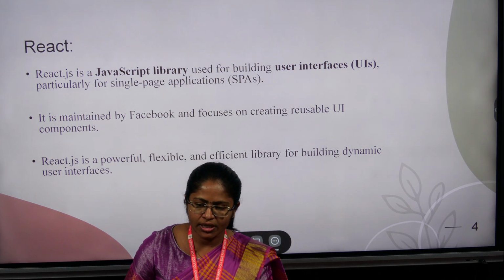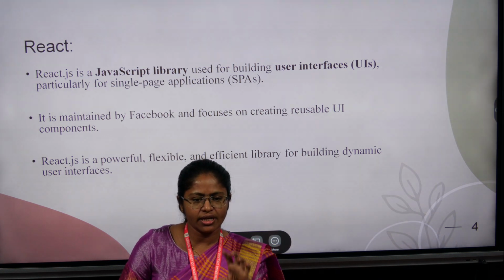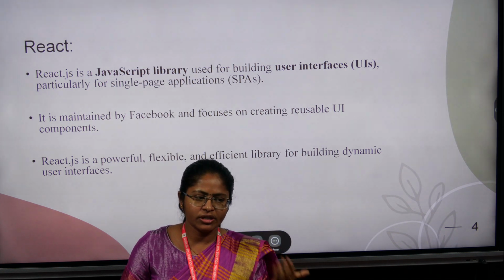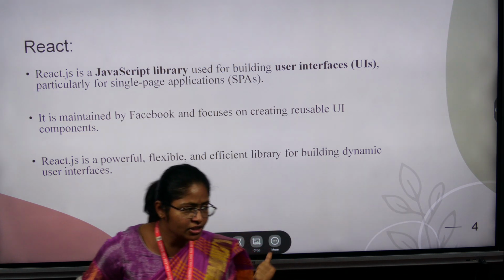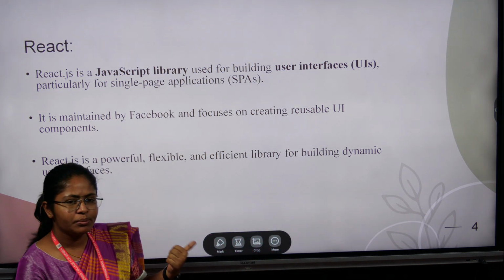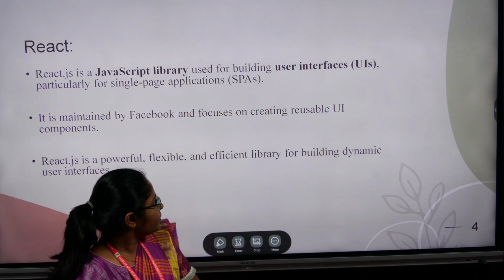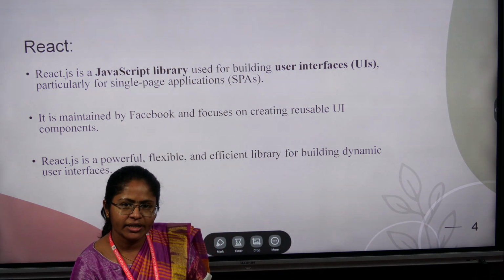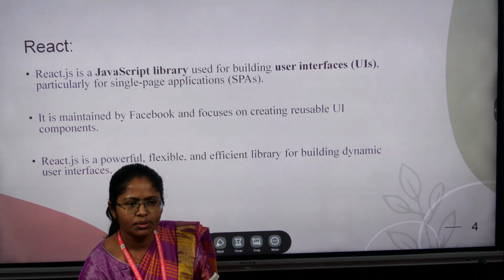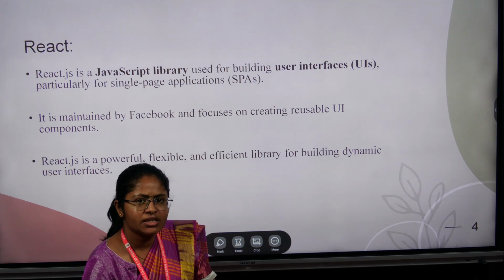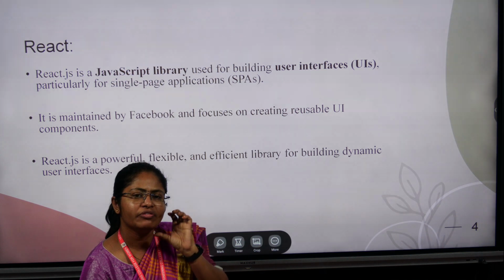Components are like functions in regular programming, which we reuse. It was developed by Facebook in 2013. From there, React Native came. React Native is used to develop mobile applications, whereas React is used to develop only the front end.